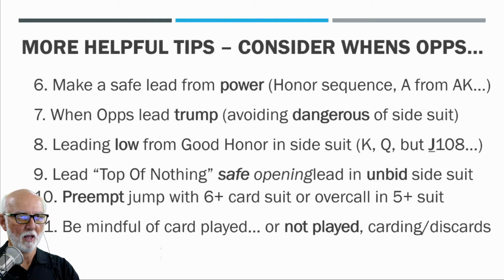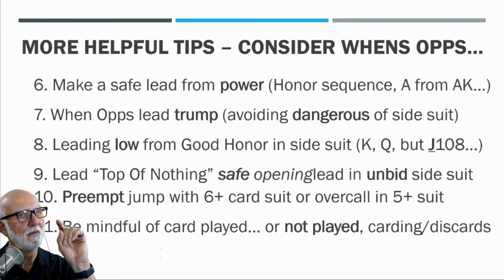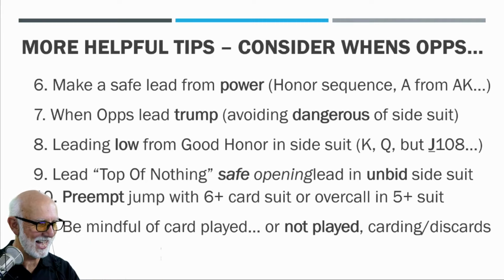Okay? Be mindful of the cards played and cards that have not been played. Aha! So correct. Sometimes it's like, why is the declarer not breaking the suit? I see queen third in the dummy. They're wanting us to play the suit first so they can promote that queen.